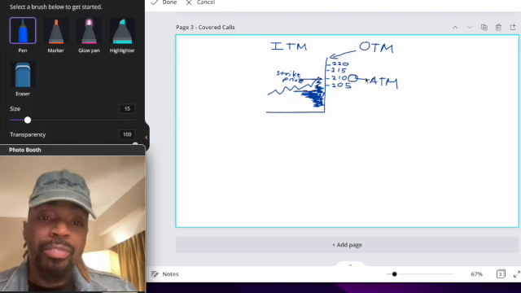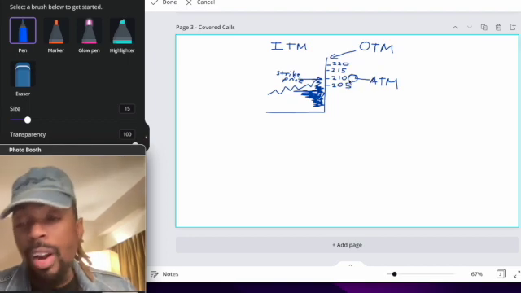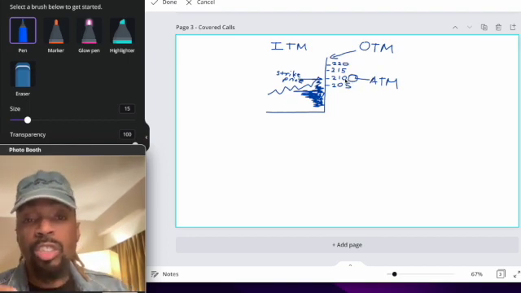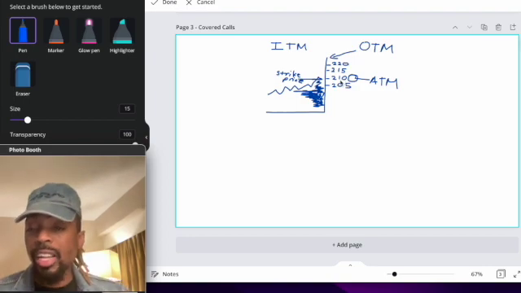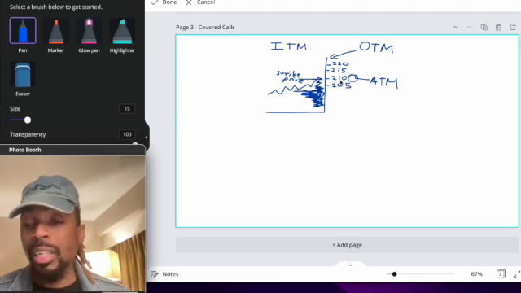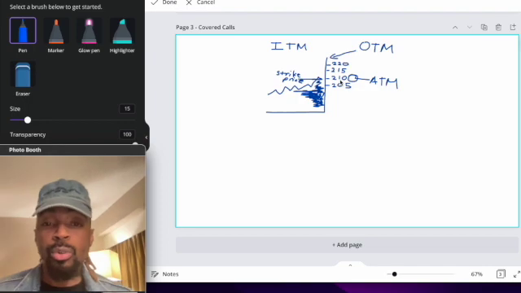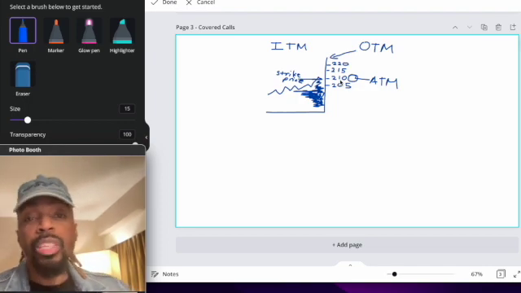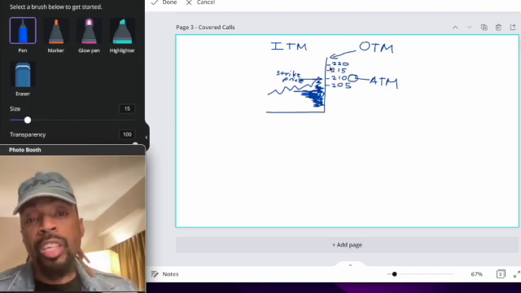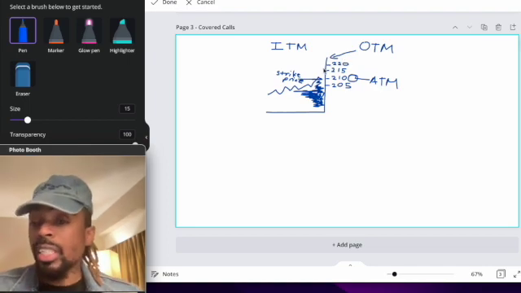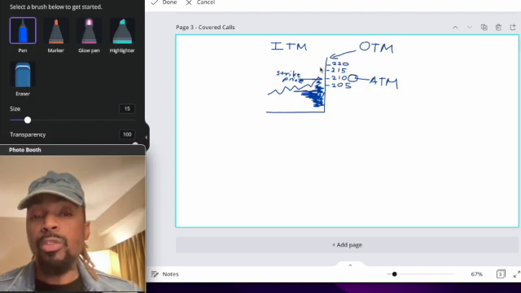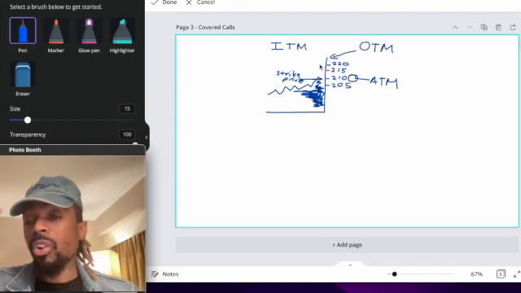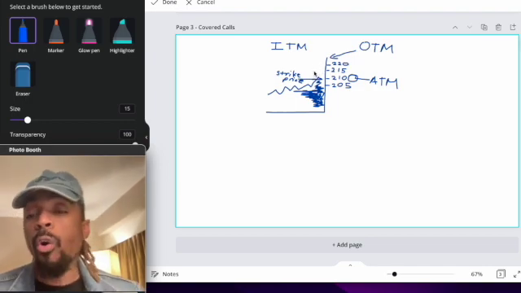At the money would be in or around the strike price where you're choosing. So 209, 210, 211. This is called at the money. So this is saying that if you were to purchase it, you would be basically at the money. Out of the money would be the numbers above 215, 220, 225, because if you make a call at 220 or 215, you're hoping for it to go there.